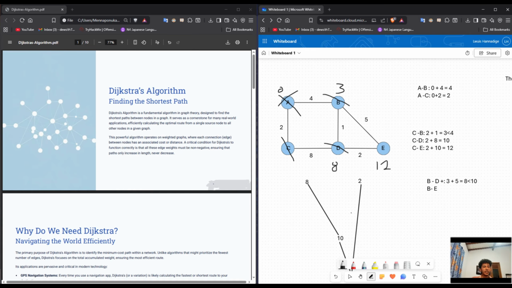So D to E, we are going to find D to E. Eight plus 2, 10 is smaller than 12.